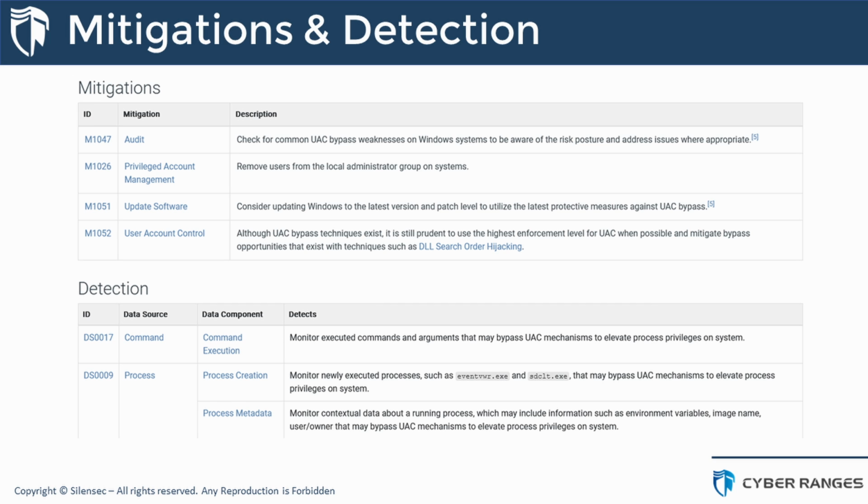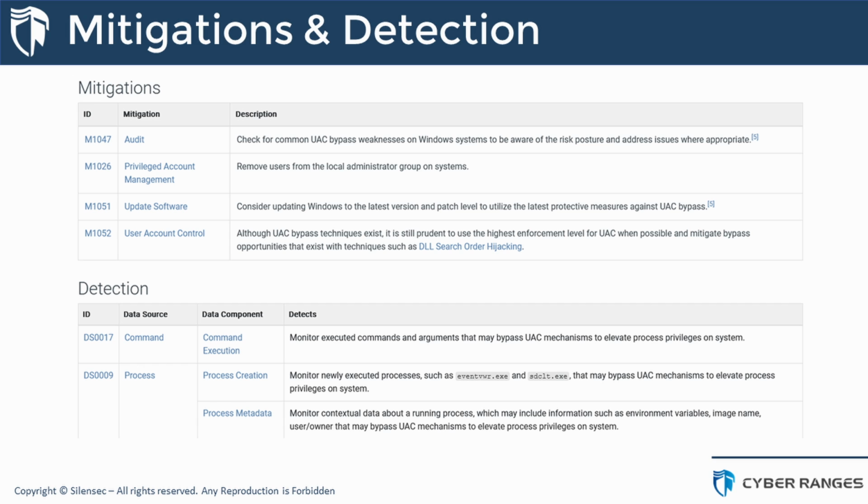And then most importantly, this is specifically important for blue teamers and defenders. The MITRE ATT&CK Framework also provides you with mitigations and detections for different techniques and sub-techniques. So for example, if you're taking a look at a particular technique and as a defender, you'd like to know how to mitigate this particular technique, it actually highlights different ways you can go about doing it.